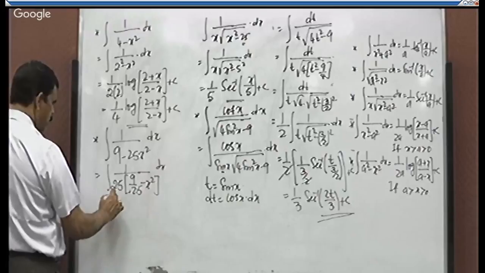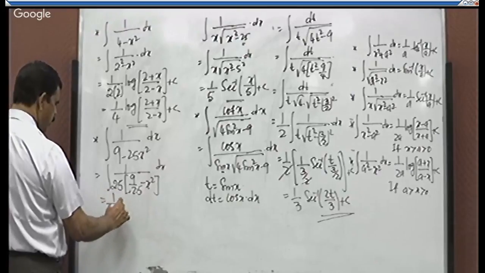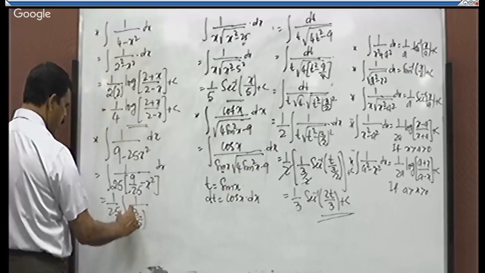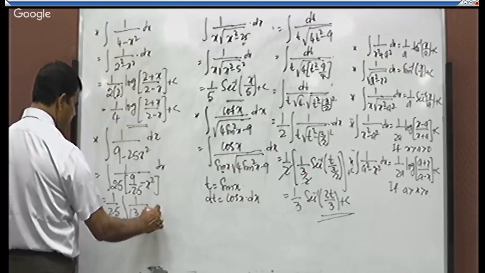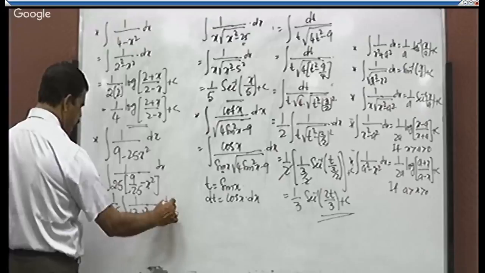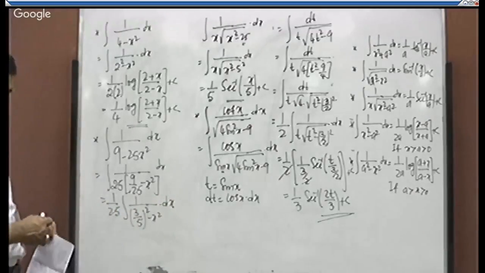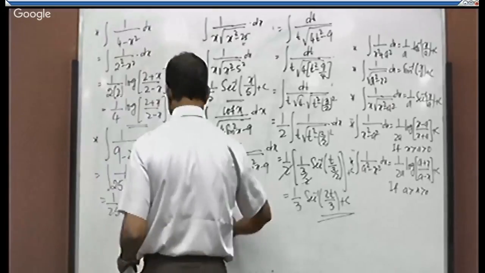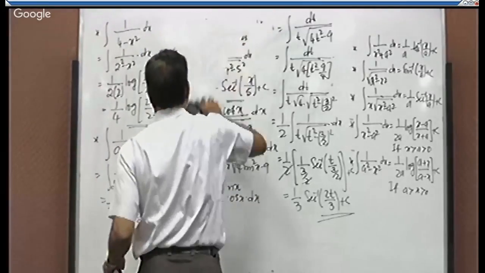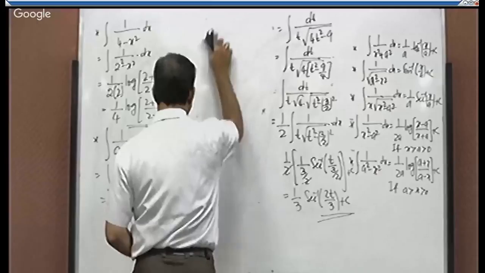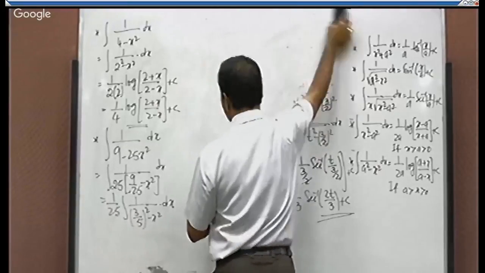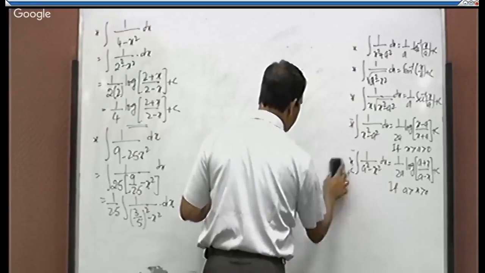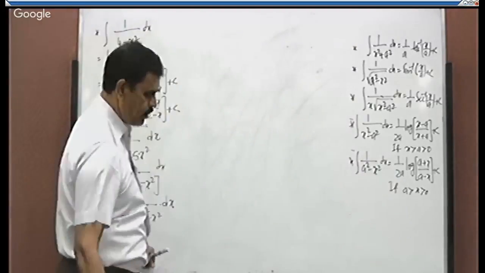That is equal to 1 by 25 into integration of 1 by 3 by 5 whole square minus x square into dx. Now it is in the standard form, correct? 1 by a square minus x square form, and in place of a it is 3 divided by 5.